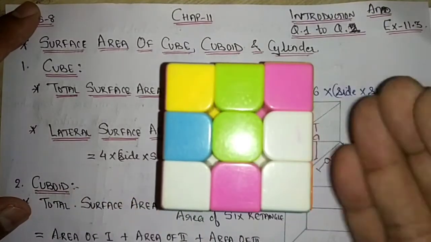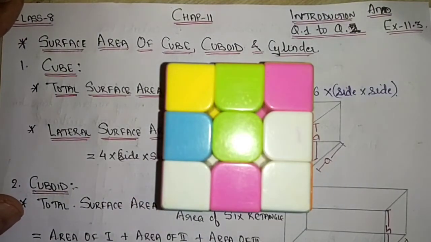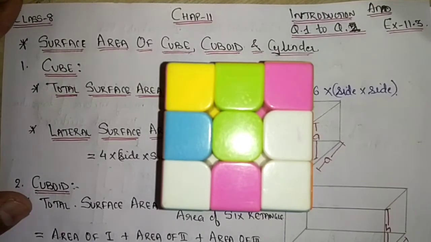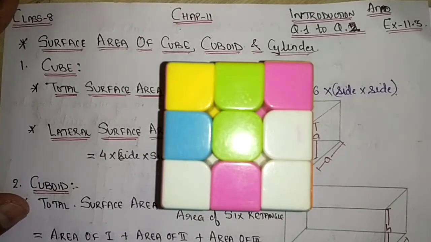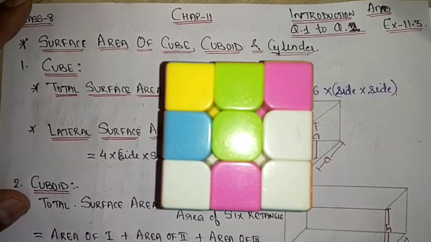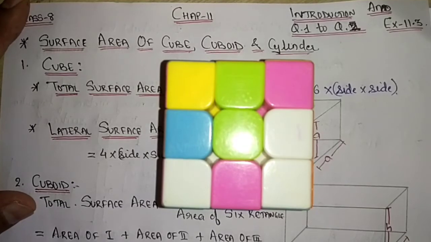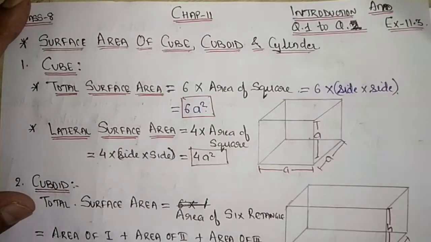This is a cube. A cuboid has 6 surfaces. Cylinder is something different, which we will talk about later. In short, we are going to study the total surface area of these 3 figures and also the lateral surface area of these figures. So let us start.